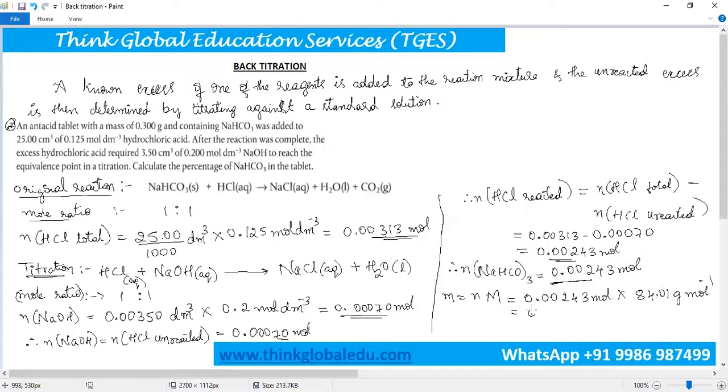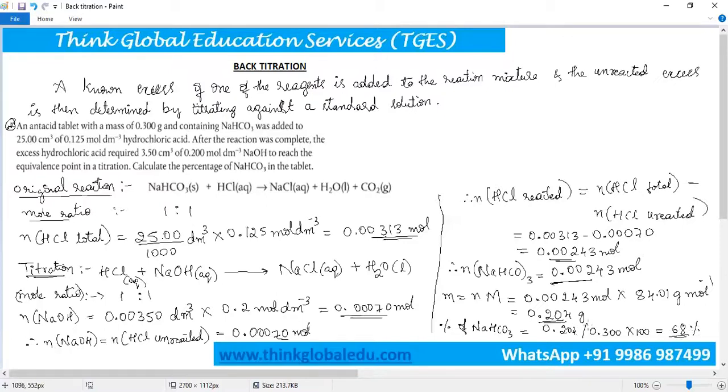Therefore, the mass of sodium bicarbonate reacted will be 0.204 grams, and the percentage mass of sodium bicarbonate in the antacid tablet will be 0.204 divided by 0.30 times 100, which is equal to 68%.